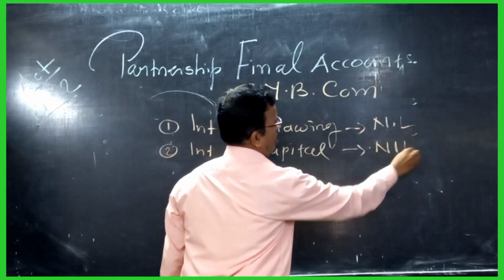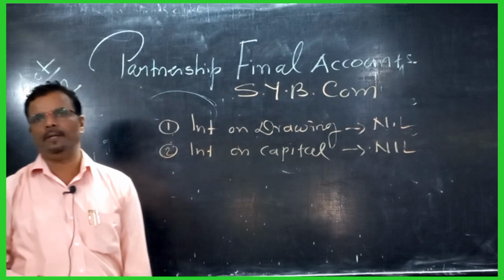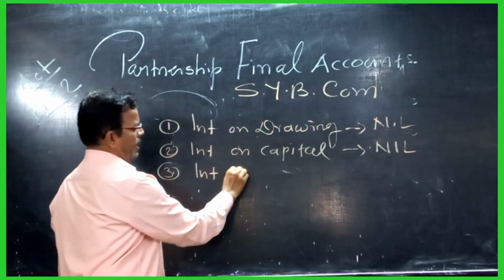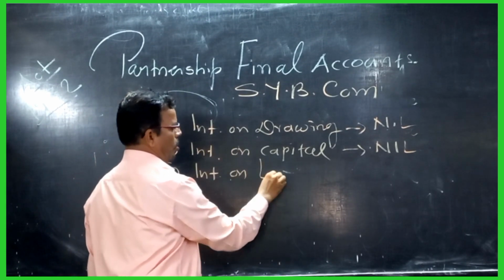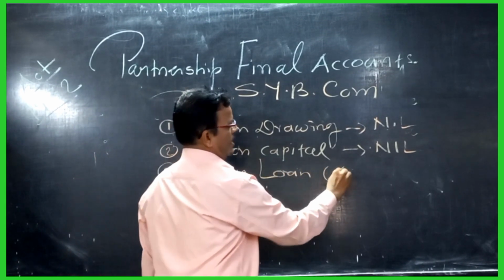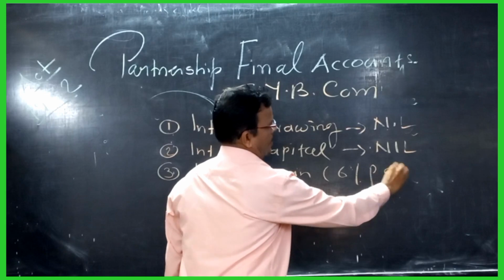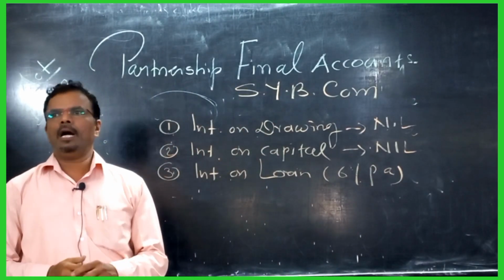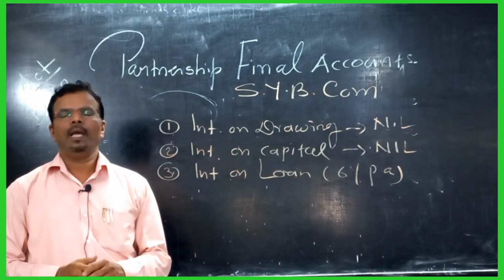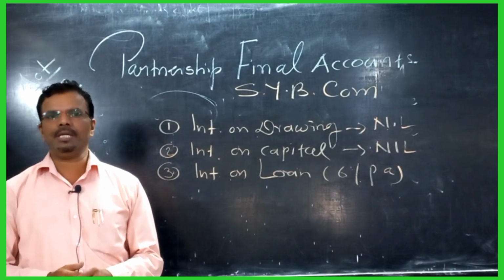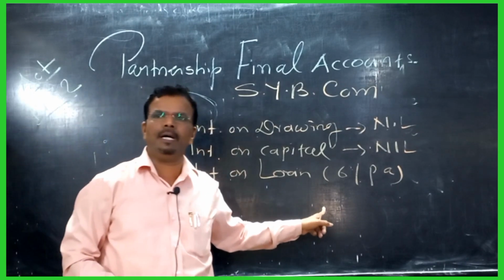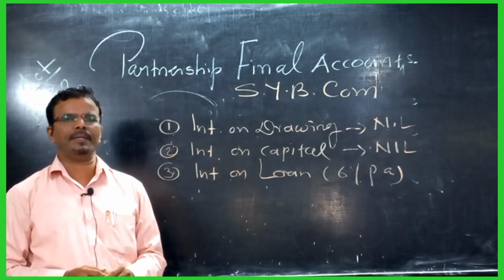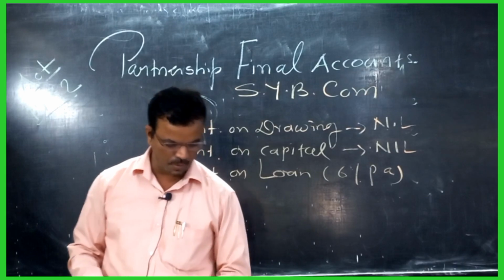Nothing should be given on interest on capital. Third is very important, interest on loan is always 6% per annum. If the problem is silent about the interest on loan, at that time we have to take 6% per annum. So this is the third feature of partnership final account.